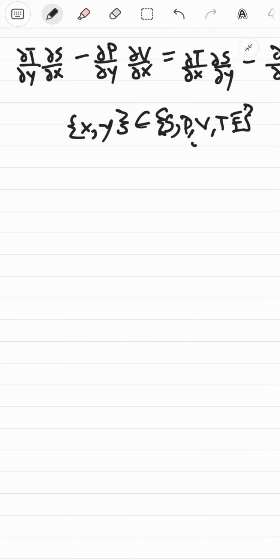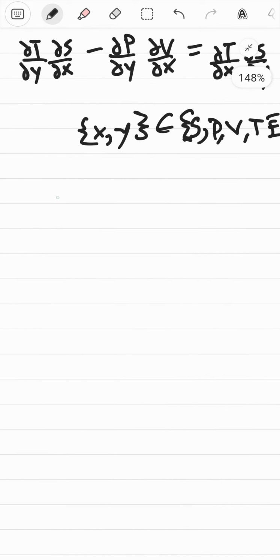Okay, so let's just put x equal to s and y equal to p in that, and let's see what happens. So putting x equal to s, you have this term being just 1, then partial t by partial y. So once again just to write down, x equal to s, y equal to p, right?